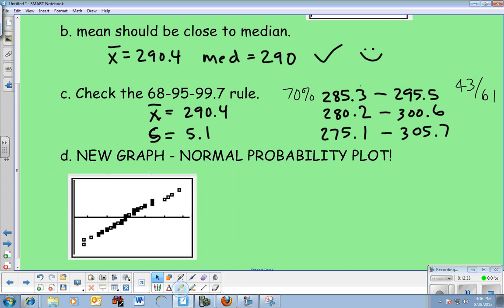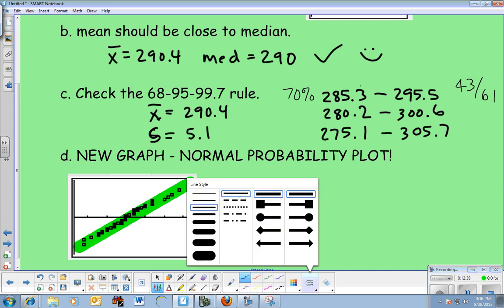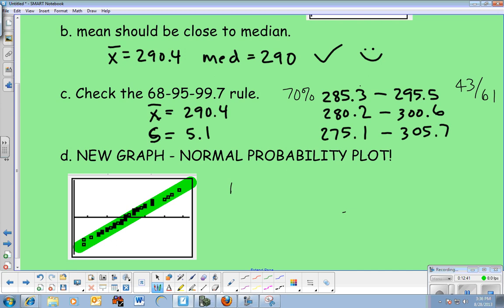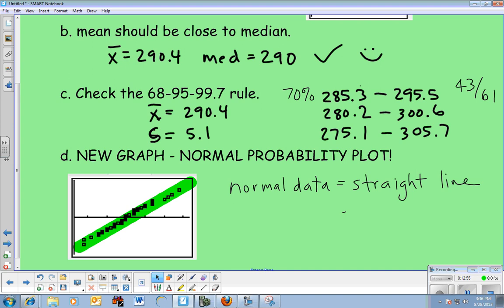And this I would consider a fairly straight line. All right, normal data, straight line. And that's our fourth and final way. So I would say overall, I wasn't sure what was going to happen when I started, but overall this data appears to be fairly normal.